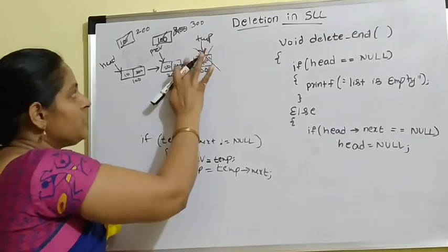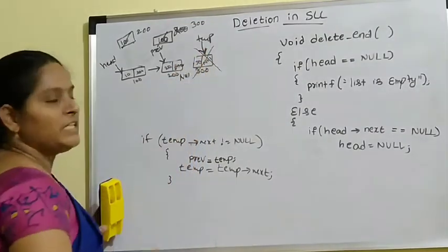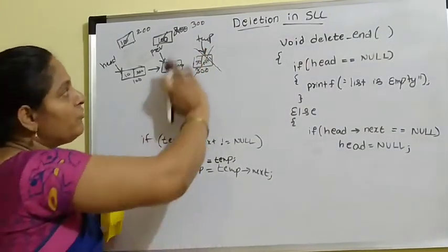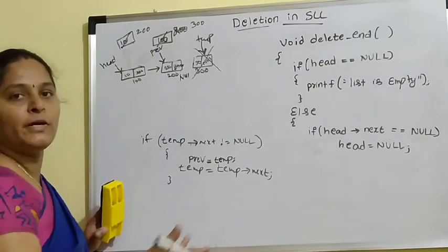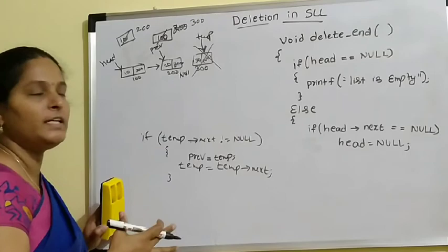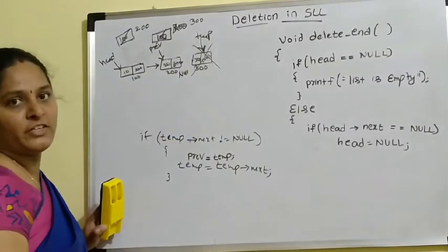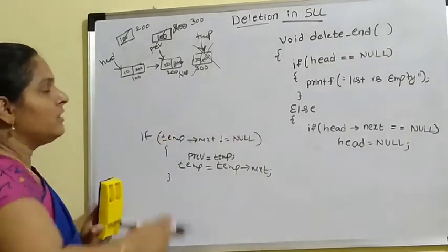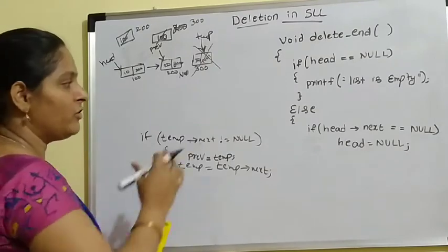After disconnection, this node will be separated from the list. Now you can freely remove that node by using the free function. We can deallocate or release the memory of that node by using the free function. So this is the logic we are following here.